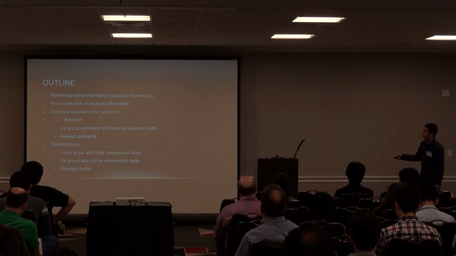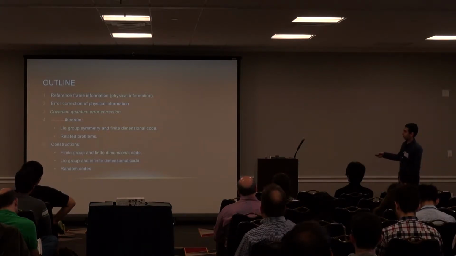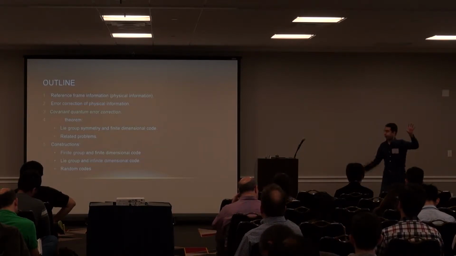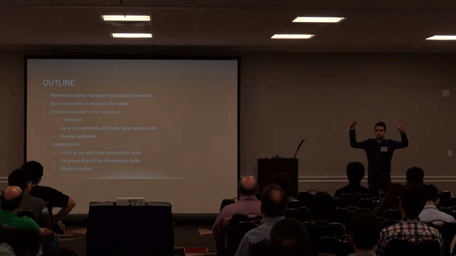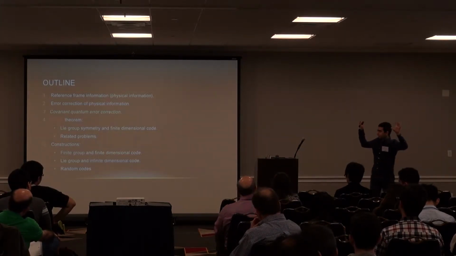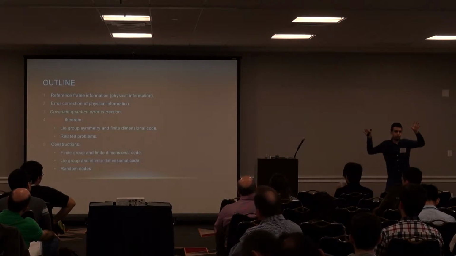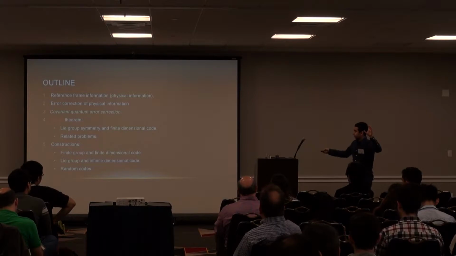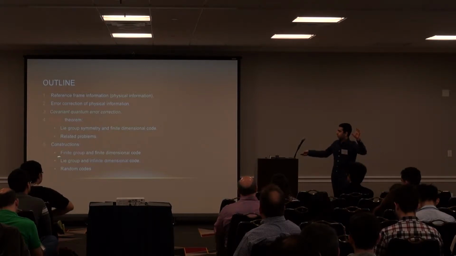Having this no-go theorem, we'll look at its conditions, which say that it should be a Lie group. If you have a Lie group and a finite dimensional code, then error correction is not possible. So I want to make constructions when I relax each one of these conditions. If my group is not a Lie group, can I make a code?